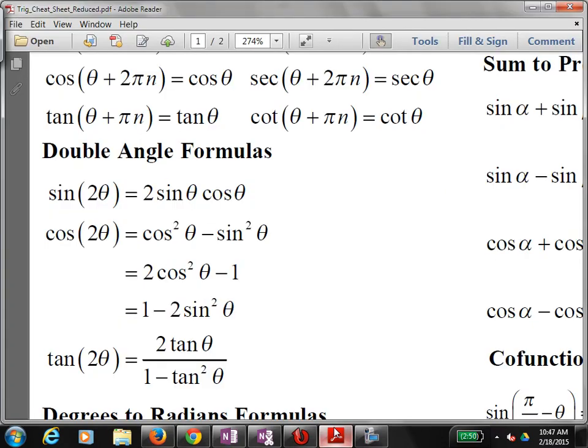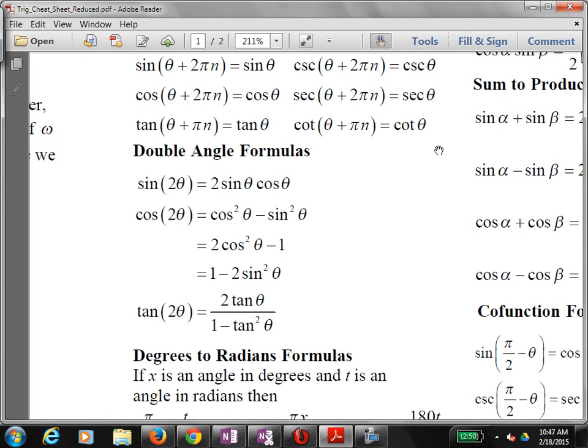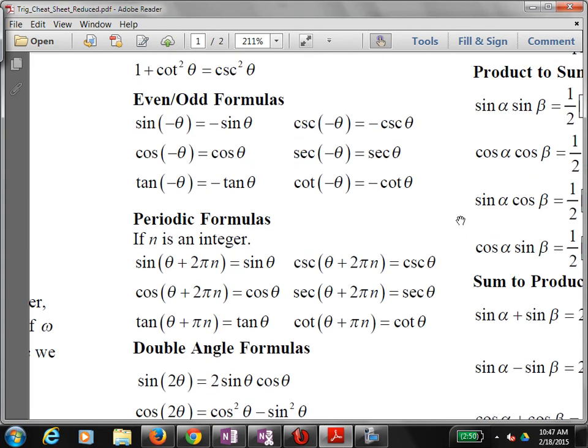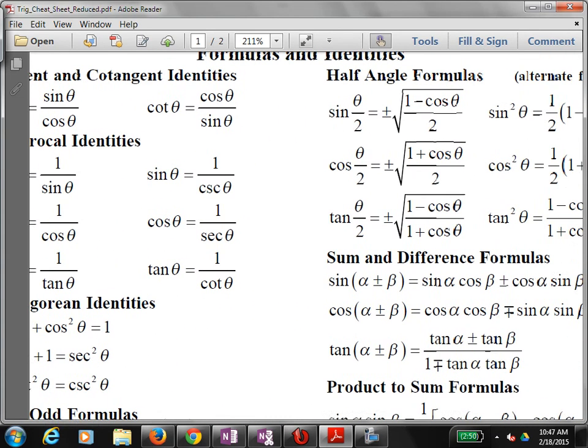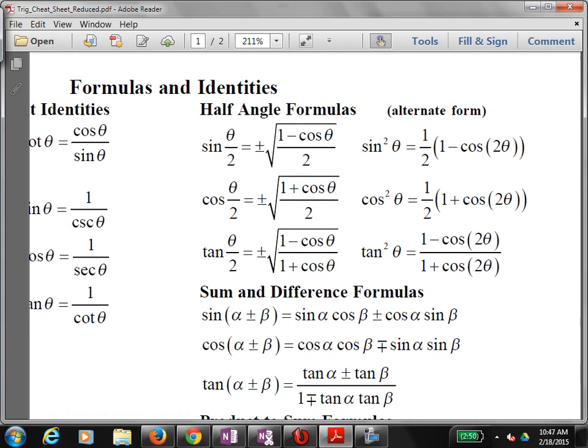That way you can recognize that when you go to your formulas, I need to look for something that says sine of theta divided by 2. I'm going to use this one right here, the one that says sine of theta over 2 is equal to plus or minus the square root of 1 minus cosine of theta, divided by 2.